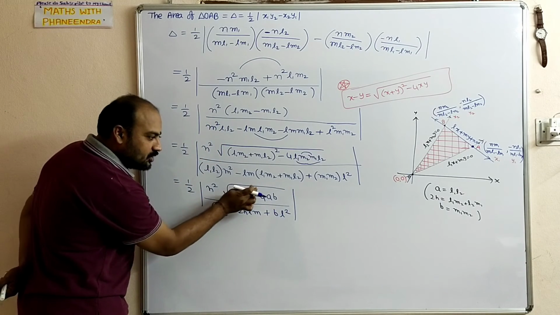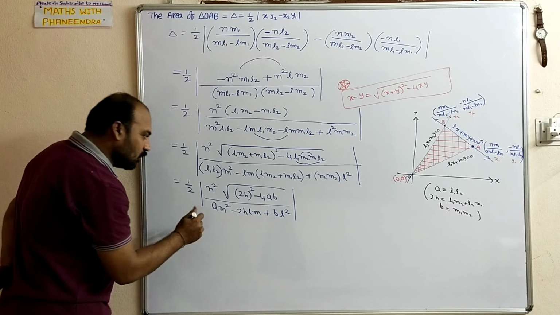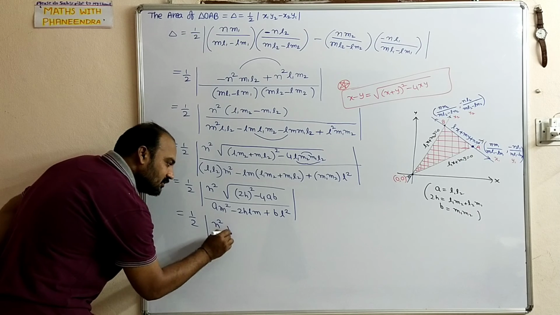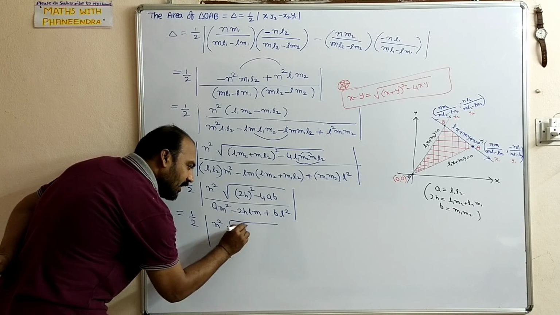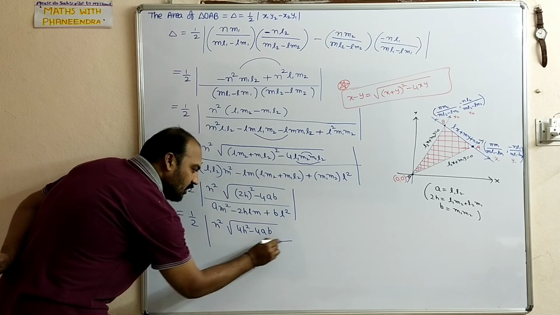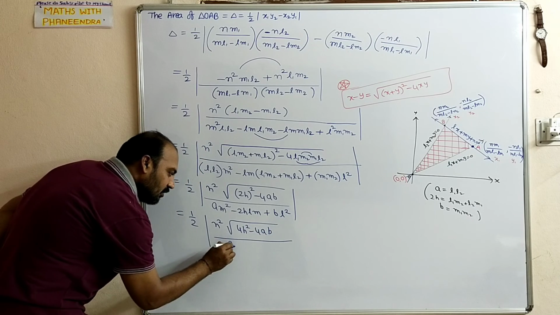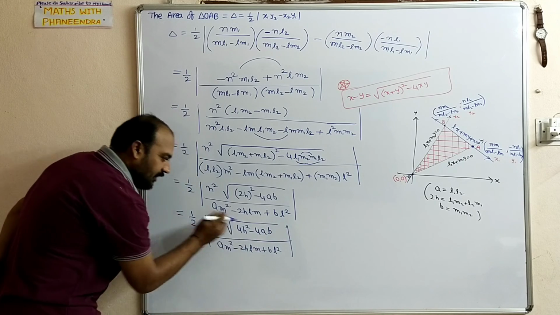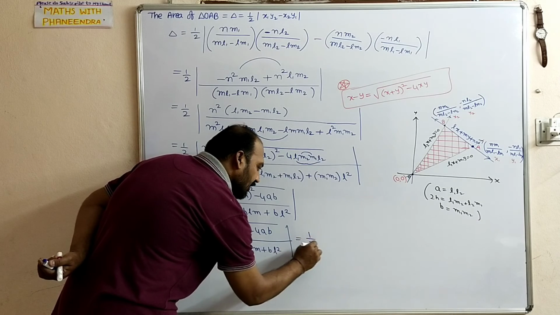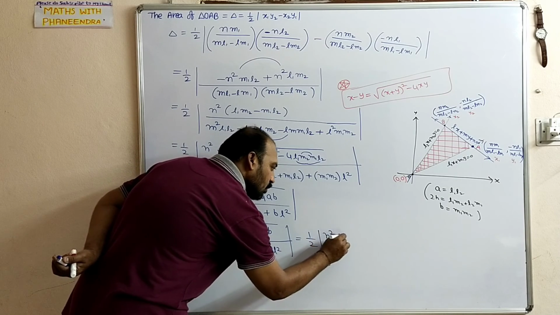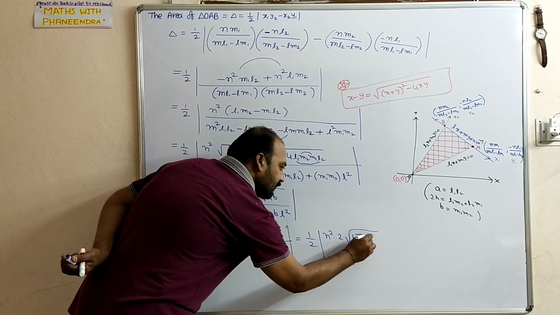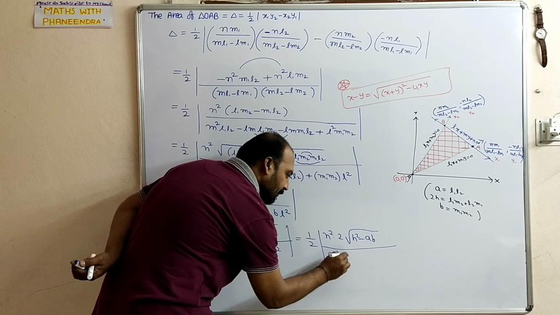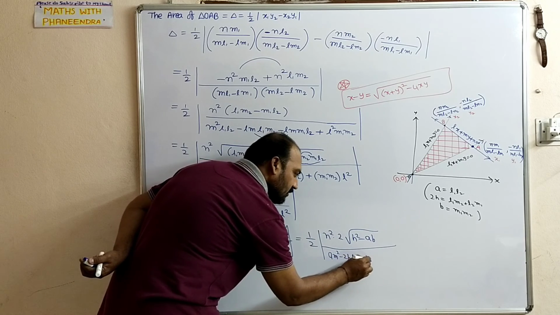So here 2h whole square is 4h square now. 4 we can take outside of the root. It will become 1 by 2 n square root of 4h square minus 4ab divided by am square minus 2hlm plus bl square. 4 take out common. We will get half into n square into 2 root of h square minus ab divided by am square minus 2hlm plus bl square.